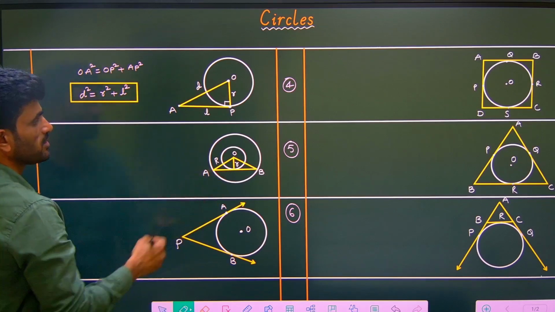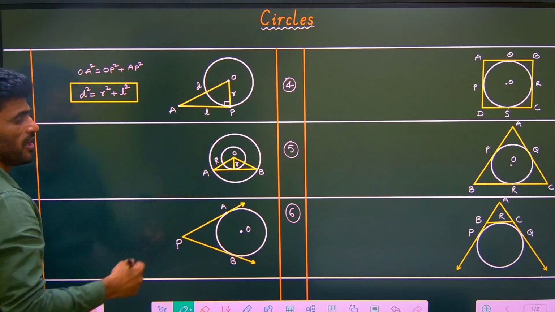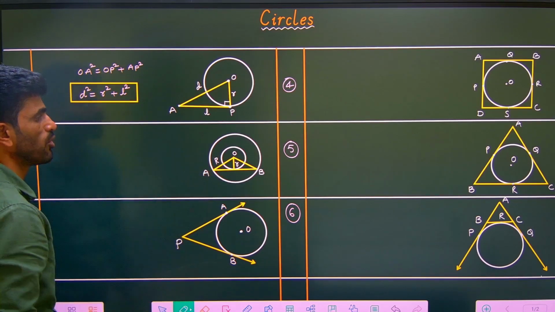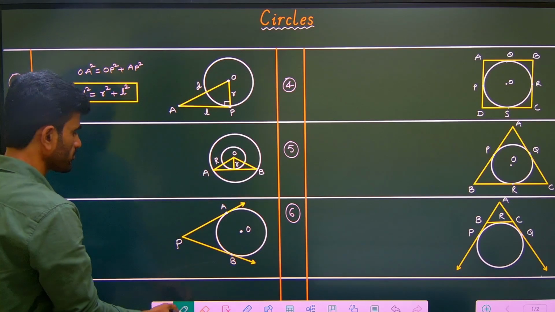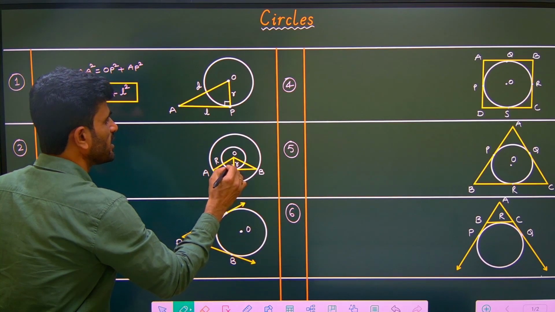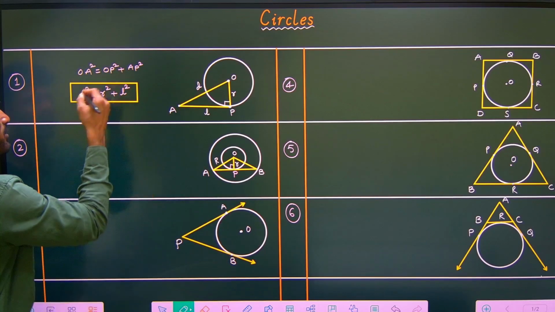Now coming to this, here two concentric circles are given, where the radius of the larger circle is capital R and the radius of the smaller circle is small r. Then here again, we have a right angle triangle, OAP. From this again we will have the Pythagoras theorem.